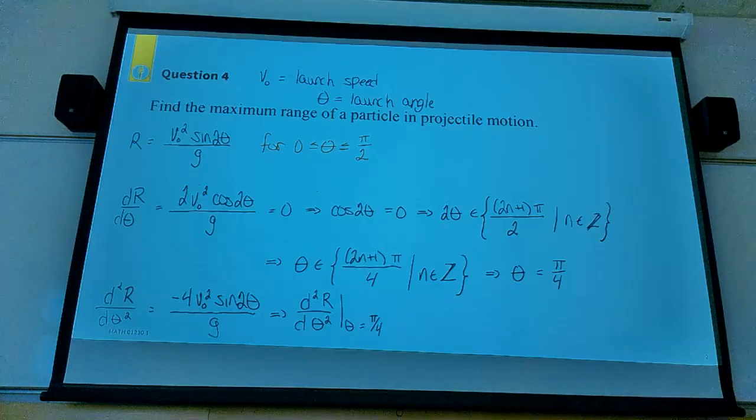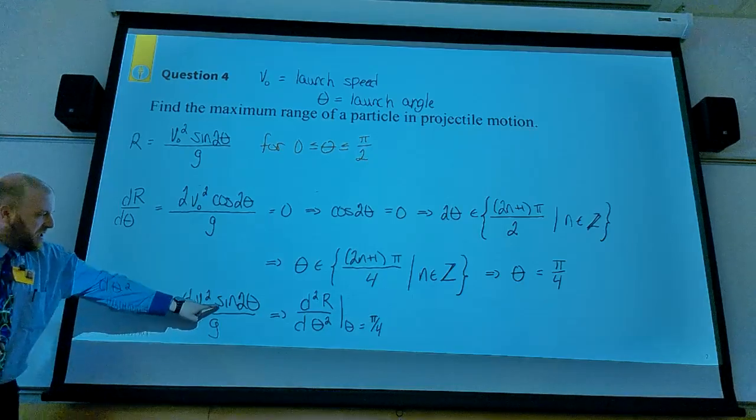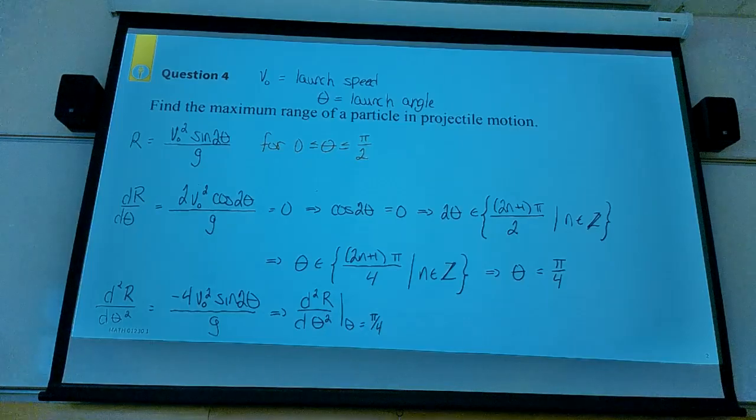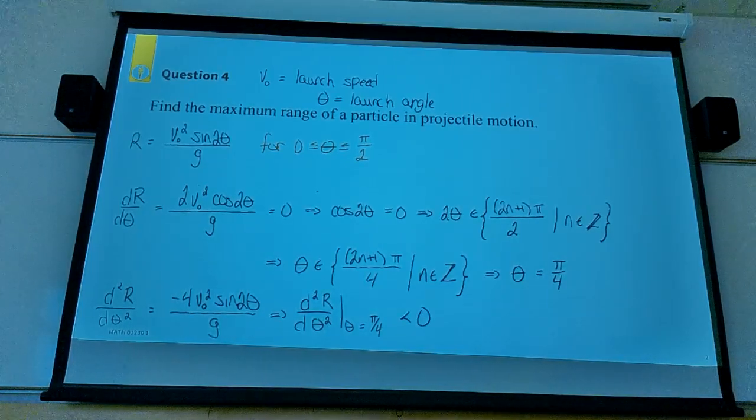Sine of pi over 2, positive or negative? V naught squared is positive. What's g? It's positive. g is also positive. So what do we have? Negative times positive is negative, divided by positive is negative. The second derivative is negative.